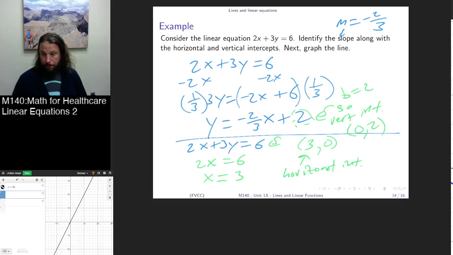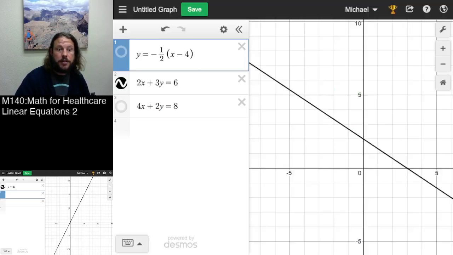Now let's take a look at this. I graphed it in Desmos. Let's double check what we have here. This slope is going downhill left to right, and we said the slope was negative 2/3. That makes sense to us, and we could even be more specific: if we go down 2 and to the right 3, we wind up back on the line.